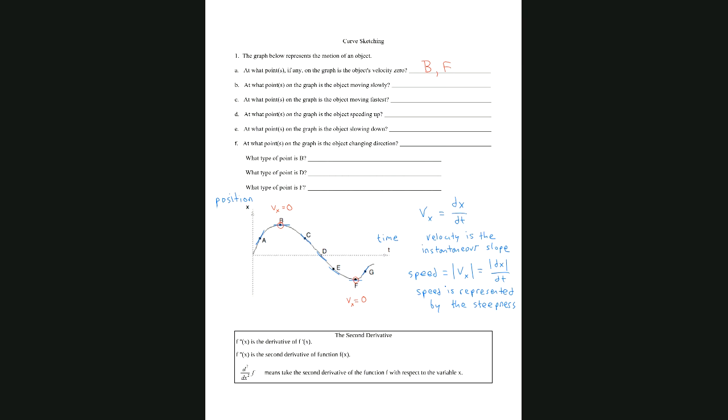Now, at what points is our object moving slowly? Here, we're going to be looking for places where the graph's slope is not steep. Now, I think at A, the slope of it is very steep. Like if I were walking along that terrain, I would think that A is a difficult part of the mountain to get up.